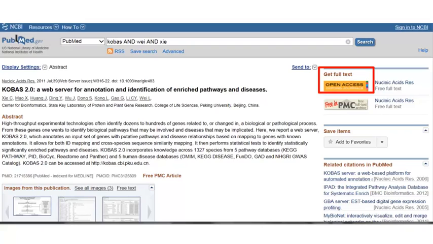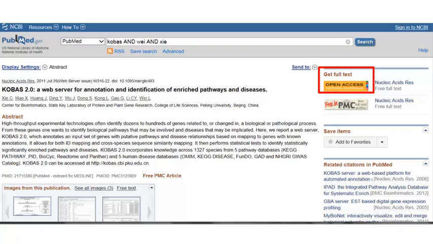For instance, after our paper on Cobus was peer-reviewed and accepted, the journal Nucleic Acids Research required our group to pay about $1,200 to make our paper freely available to everybody in the world to read. I'm not complaining. We were happy to make our paper freely accessible to everybody who is interested.